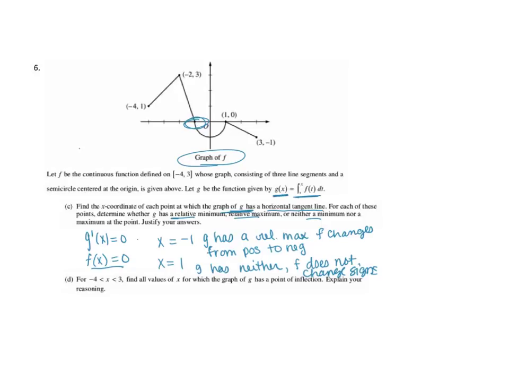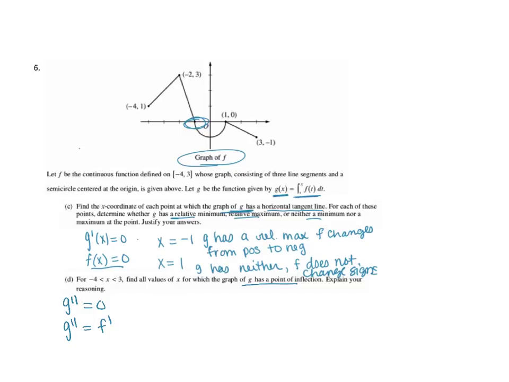And then the last thing here that we are asked about is whether or not we have a point of inflection. So let's again go all the way back and think about what it implies for us to have a point of inflection. That's going to occur when G double prime equals 0. And I know G double prime is equal to F prime.